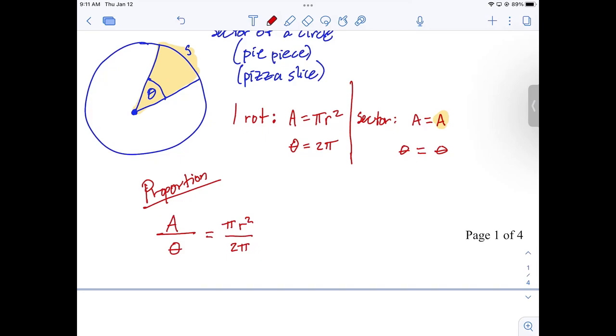Okay, that's how we did the proportion. And when I set up a proportion, I always like to start with what I'm looking for in the top. Now, all I got to do is solve for A.